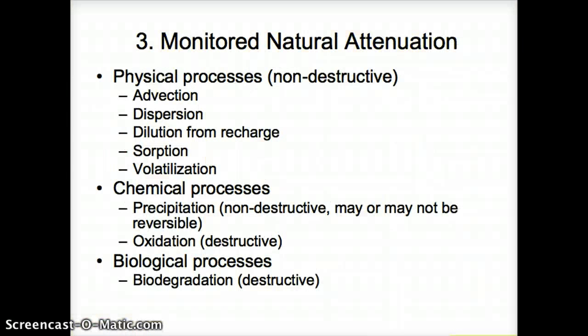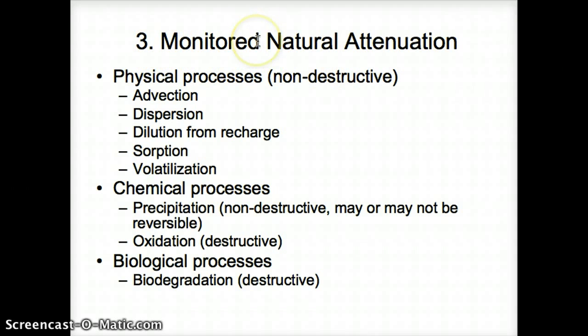Let's look at number 3 here, monitored natural attenuation. This is a technique and not a technology. It is a technique in which no physical action is done to remediate, however, there is monitoring. Let's look at the 3 words here: monitored natural attenuation.